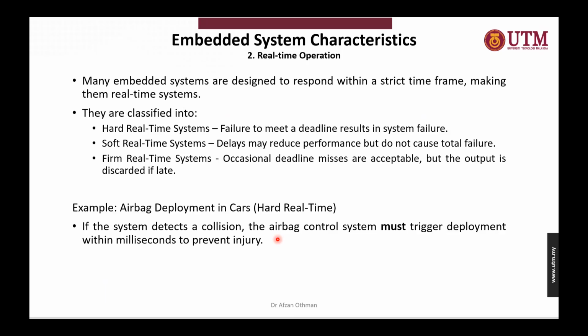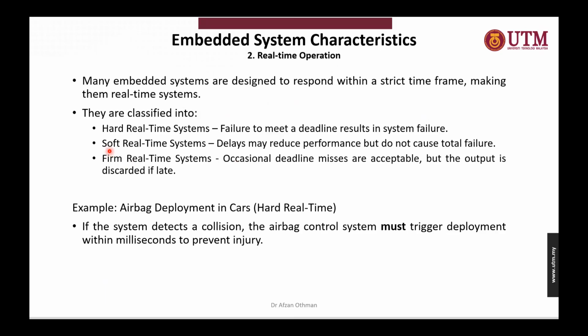It will injure the passenger. So that is what we call hard real-time. Failure to meet a deadline will result in system failure and will be catastrophic to the end user.